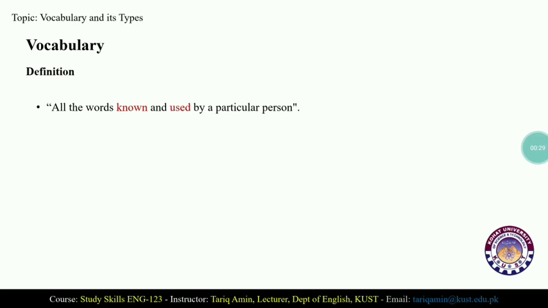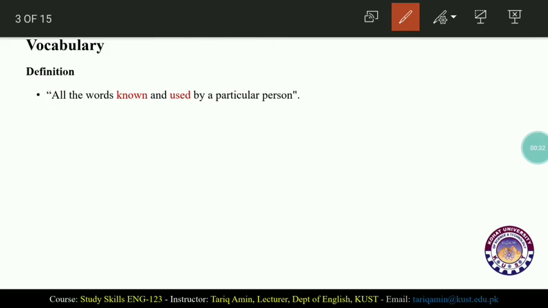Now, vocabulary refers to all the words known and used by a person. It refers to all the words that are known to a particular person and that are used by a particular person.